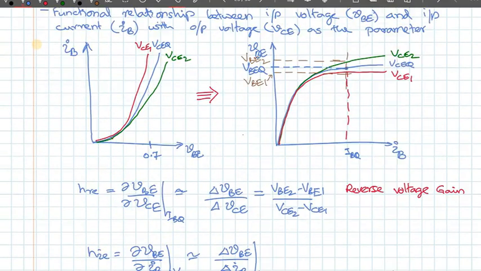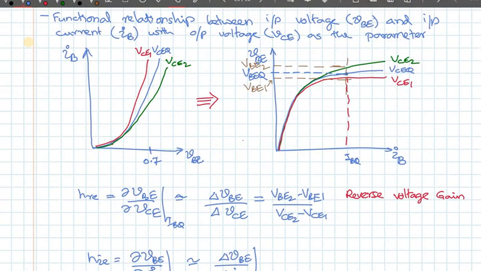So this should be on VCEQ, so it should be on this blue curve, and as IB changes, let's say it changes from here to here. Actually, we should consider a small change, but let's take that as my delta IB. Then the corresponding change in VBE would be this. This would be my delta VBE. So that ratio. But when the change in IB is made smaller and smaller, this becomes the slope of my characteristic curve at this point. This is my Q point.